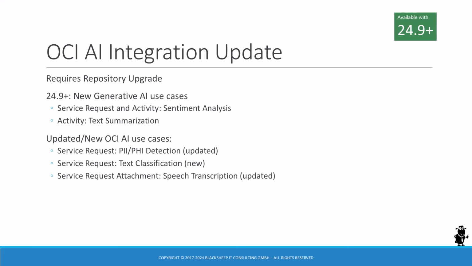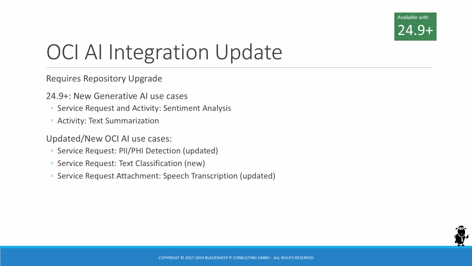As mentioned before, Oracle provides new out-of-the-box use cases for generative AI integration, namely sentiment analysis for service requests and activities, and text summarization for activities. Another new use case based on the AI language service is the ability to classify service requests.